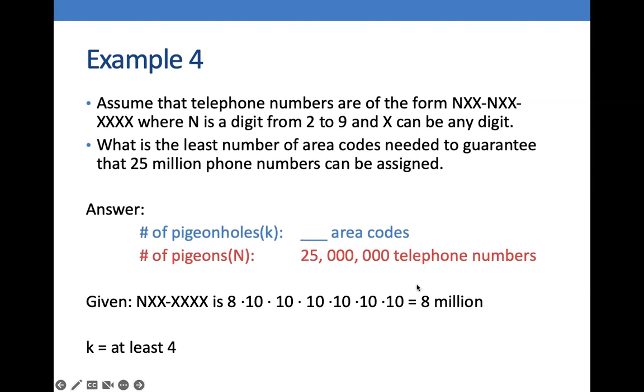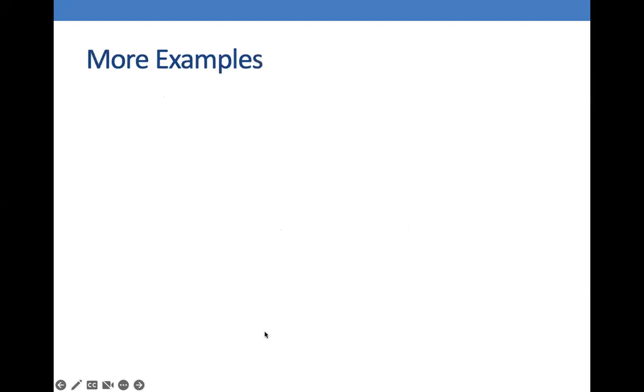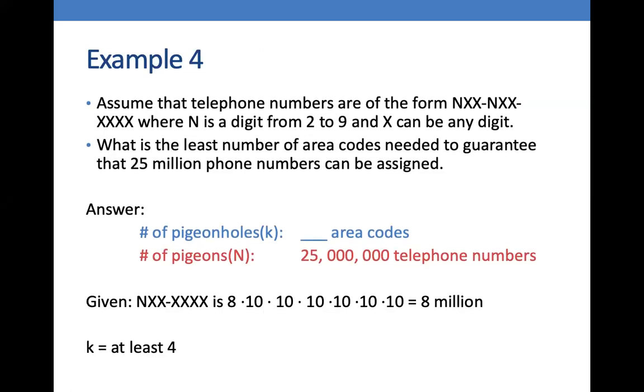Okay, so now after that, we have k, which is at least 4. So what we did here is we simply divided 25 million telephone numbers by the 8 million possible numbers. So we have k which is at least 4.